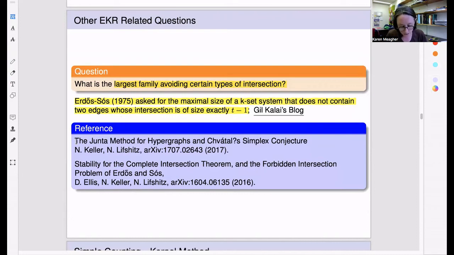There are a couple of results where they look at similar things. Rather than requiring the intersection to be of size this or above, you can forbid certain types of intersection or only allow certain types of intersection. So there's a whole world of different directions you can go. You can apply intersection to any number of different objects, and look at all sorts of variations of the question of what's the largest intersecting family.